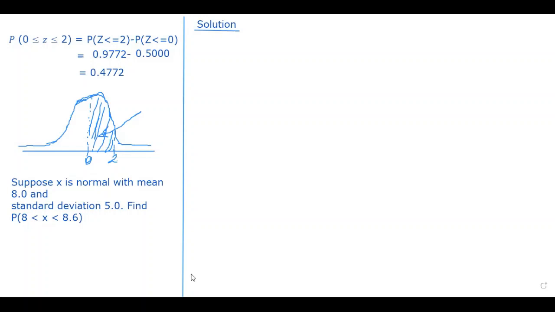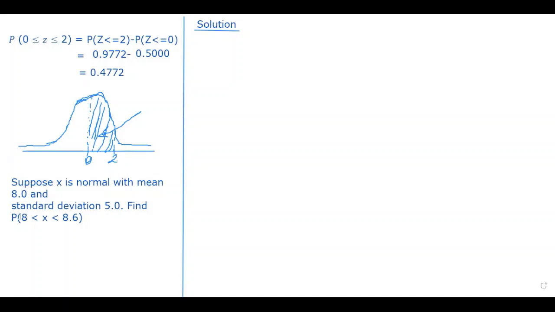What do you think the solution will be? I think if you change the X to Z values. Yes, so I said whenever you see X here, you must standardize. You must change it from the normal to Z. So we move on to standardize.